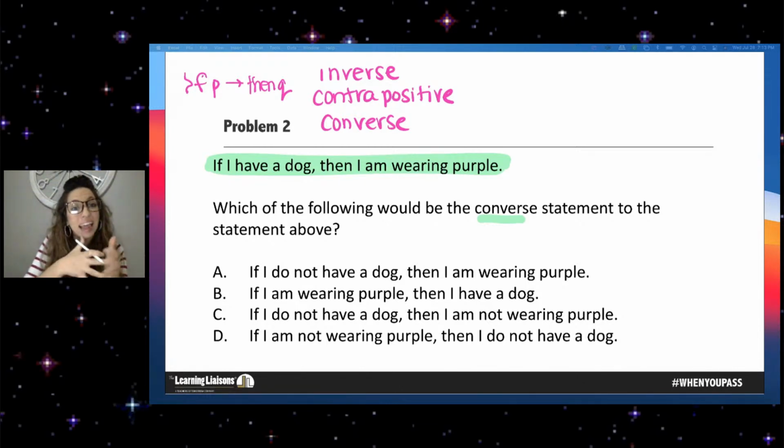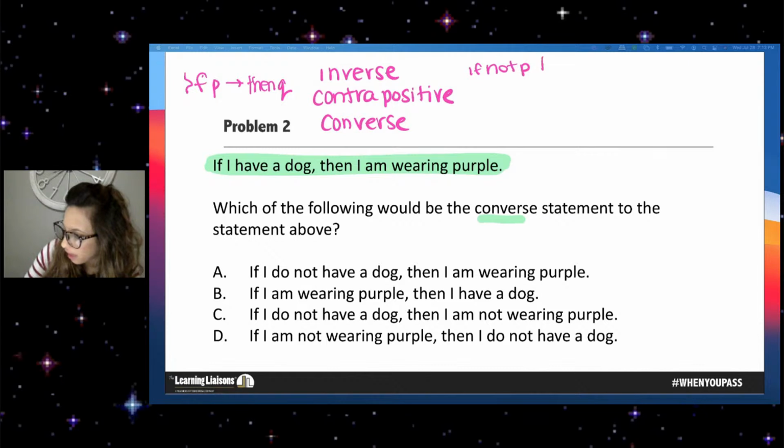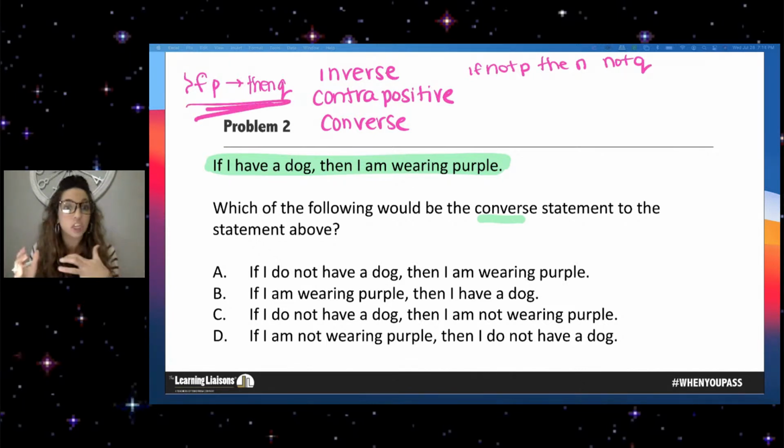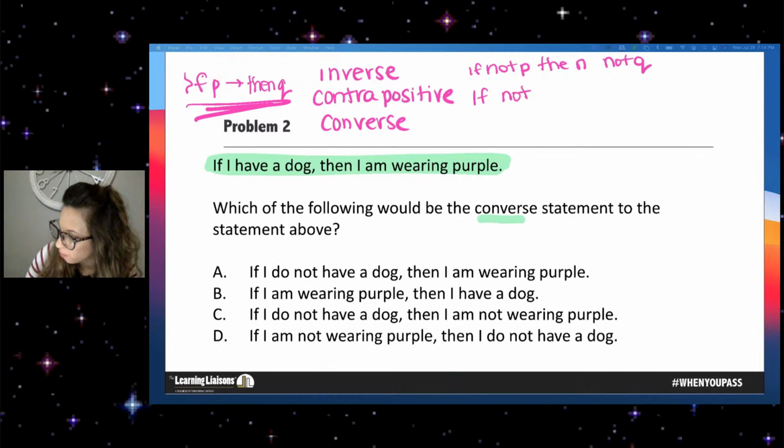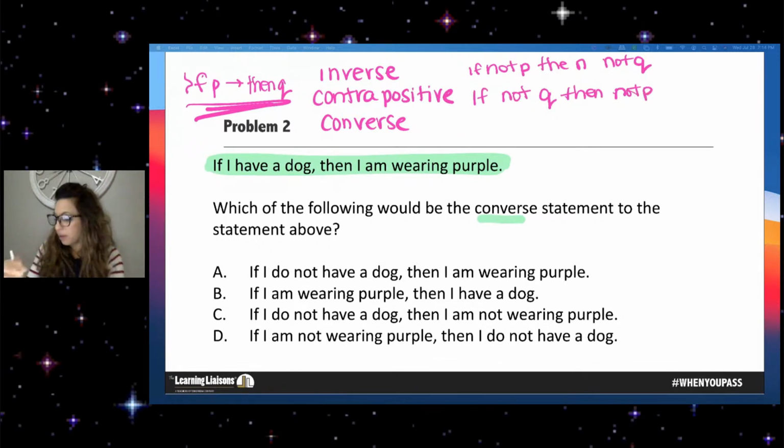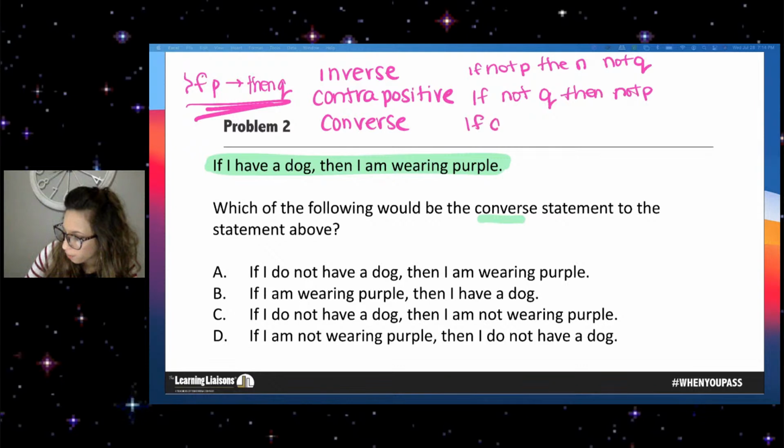Now, if I take that and I apply it to inverse, contrapositive, and converse: if this is my statement, if P, then Q, the inverse is going to be if not P, then not Q. The contrapositive is going to be if not Q, then not P. And the converse statement is going to be if Q, then P.